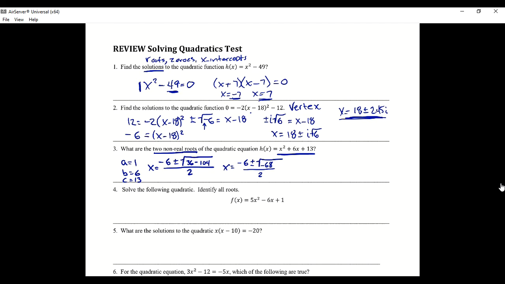So if we go to our calculator, now remember, do not do this in fraction form because it's an imaginary result, or complex result, and you will get an error message if you do this in fraction form. So you need to put this in the calculator like this. You go parentheses, -6 plus the square root of -68, parentheses, divided by 2.